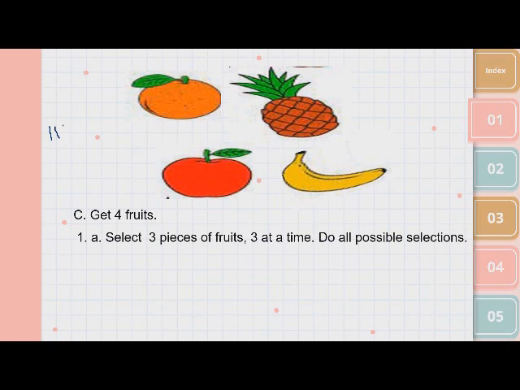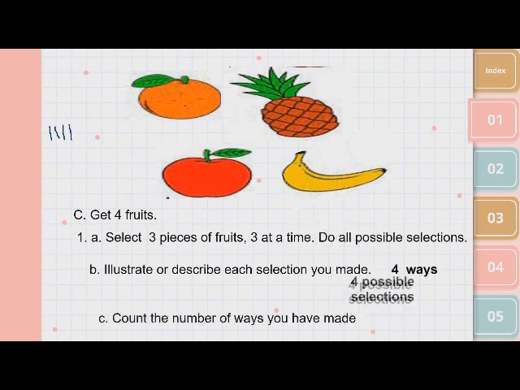We have three. Then, pineapple, orange, apple. So we have four. Aside from them, no more selections using three at a time. So therefore, we have an answer which is equal to four ways. Correct. And then we have the number of selections, four possible selections. Okay, I hope you got it.